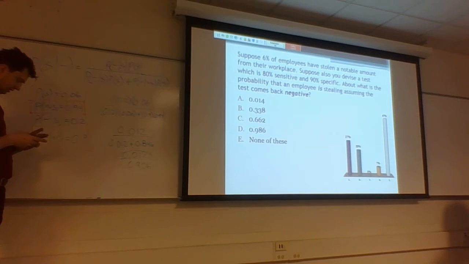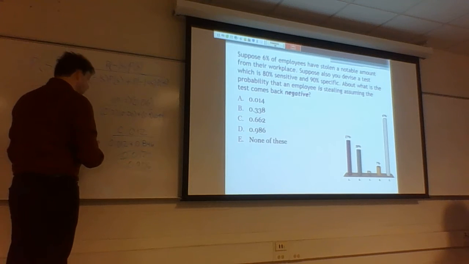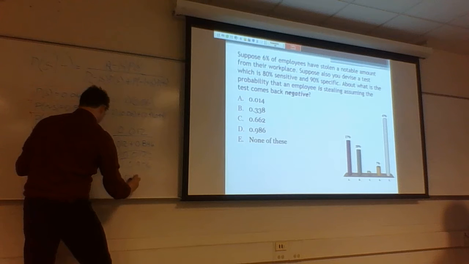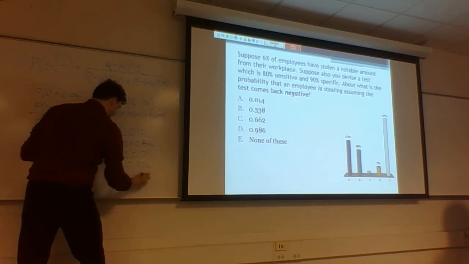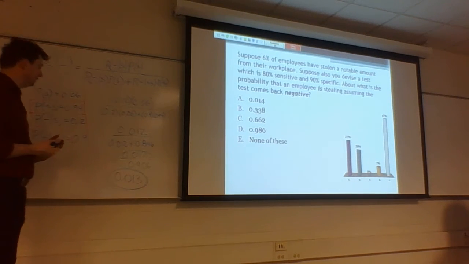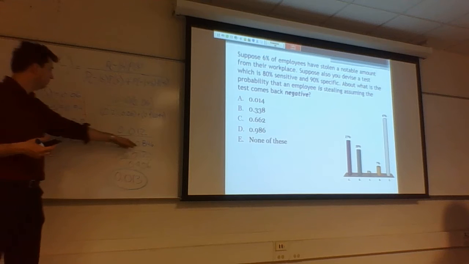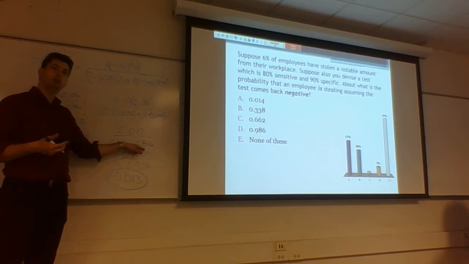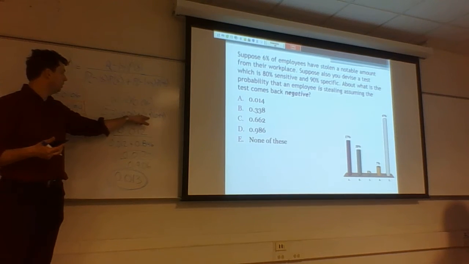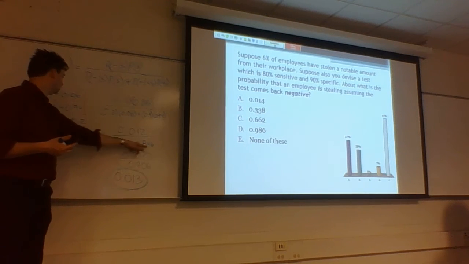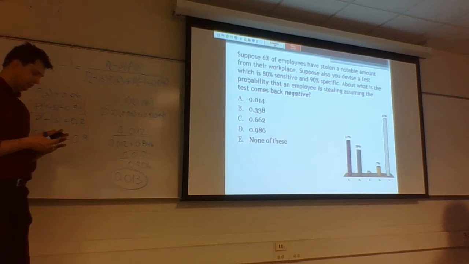And that should be, if memory serves, 0.013. Which I think, when I originally wrote this, this part right here comes from this right here. And then these are the two different ways to get a negative test result.